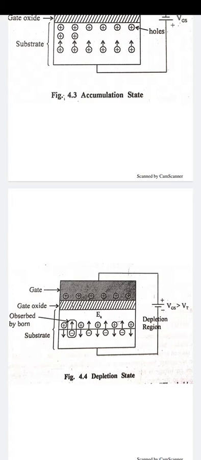I will explain that when we apply a small positive voltage at the gate terminal, it produces an electric field directed from the gate to the substrate, perpendicular to the channel.